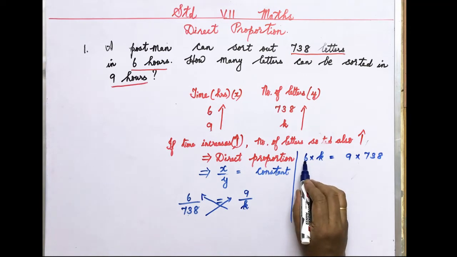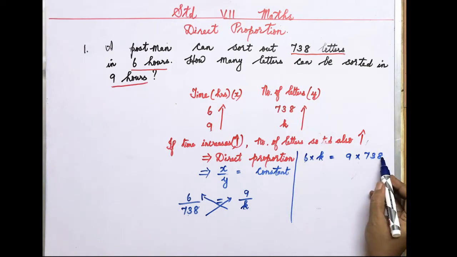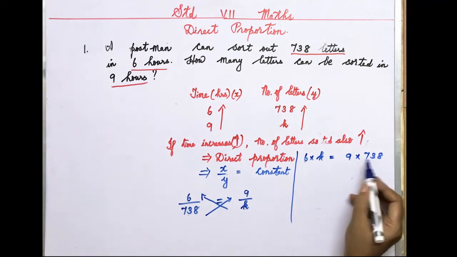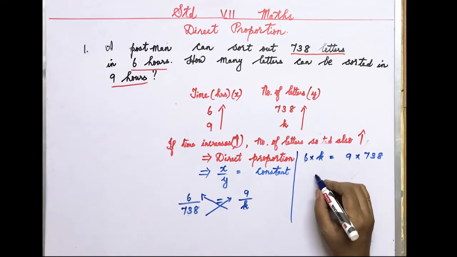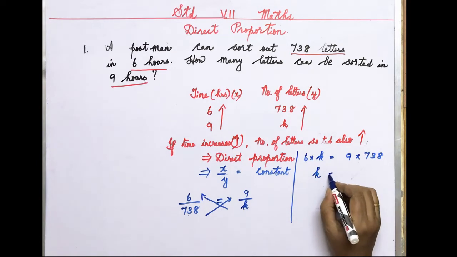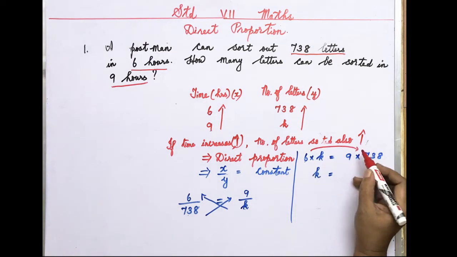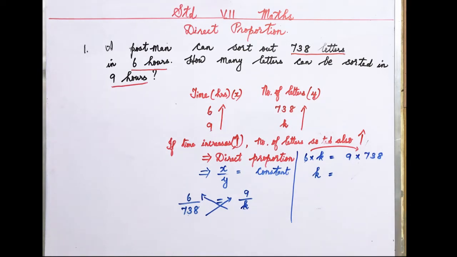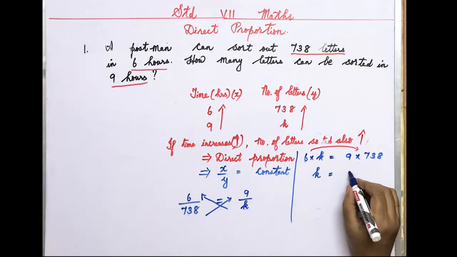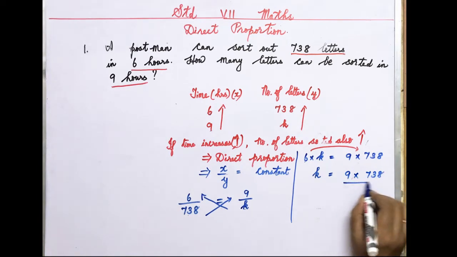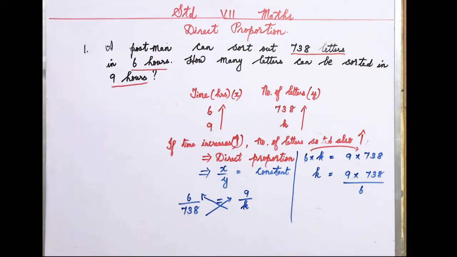So, we have to take this constant to the right side. In multiplication, when we transpose it will come to division. So, k is equal to, the 6 we are going to take to this side. So, it will come to the denominator. So, 9 into 738 divided by 6. Now, we can cancel.